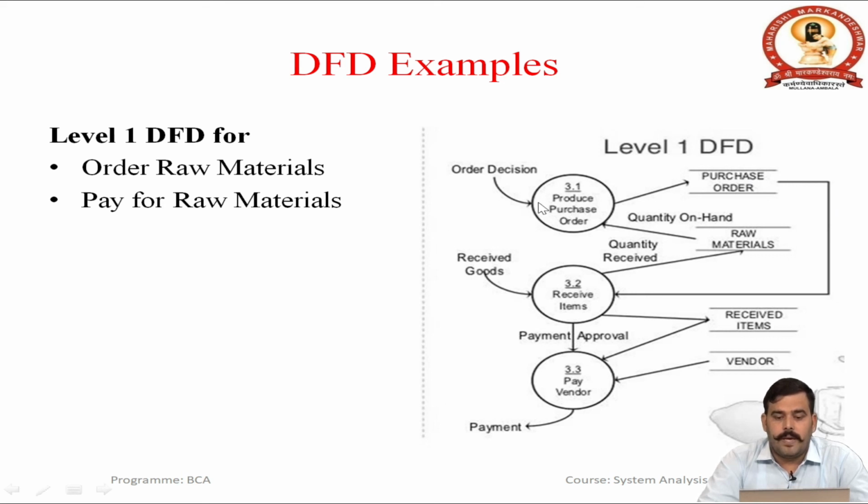We have the order decision to produce the purchase order, and that process takes data given to it from various sources and sends the processed data to the sink, the users or the destinations.